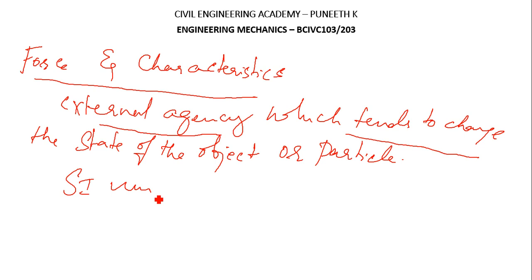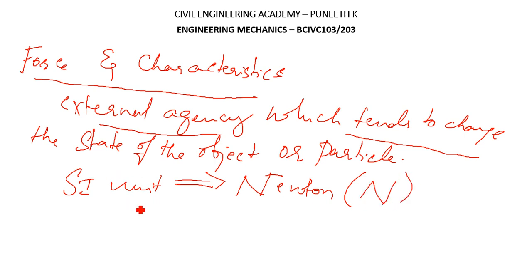What is the SI unit of force? The SI unit is Newton, and it is indicated by capital N. Very important. There is one conversion related to force: force can also be indicated by the word kilonewton.